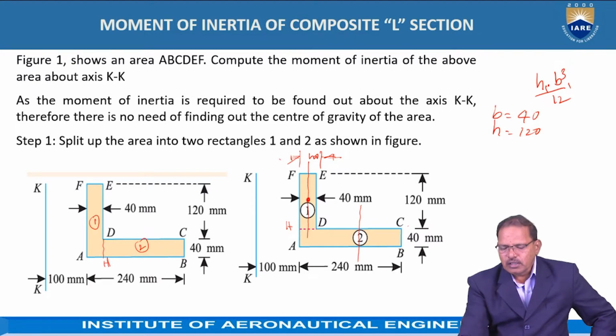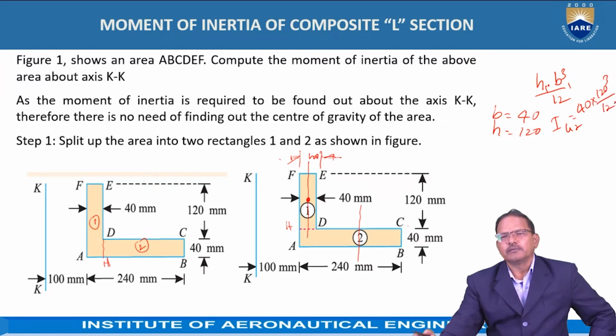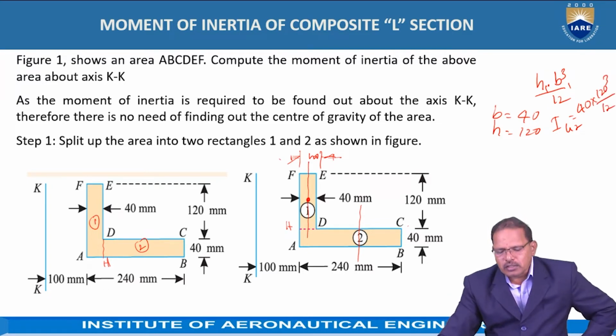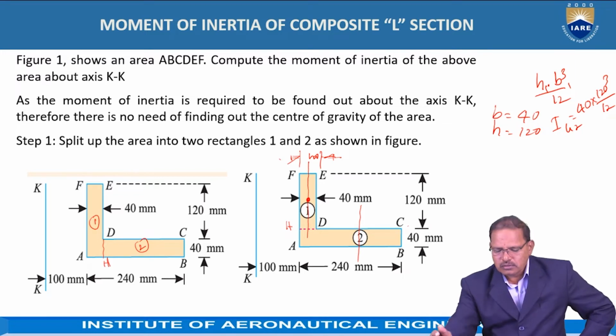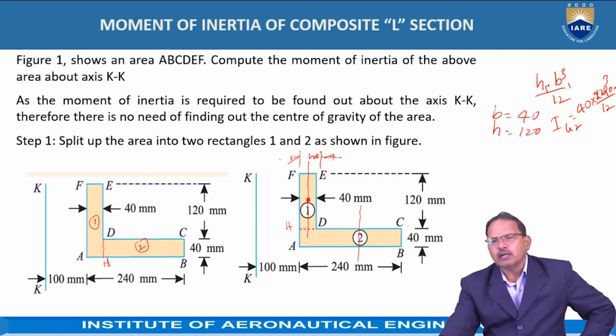Hence, for the second section, IG2, the moment of inertia about its central axis is equal to 40 into 240 cube divided by 12, because 240 is being divided into two parts.